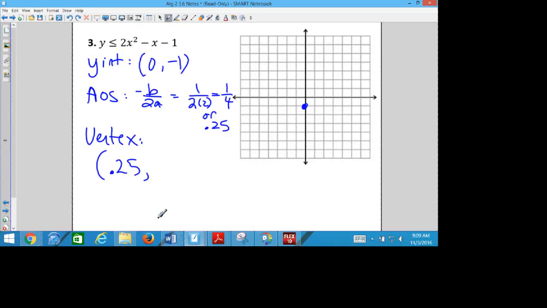You can type in 2 parentheses, 0.25, close parentheses squared, minus parentheses, 0.25, close parentheses, minus 1. You can just type that straight into your calculator. It does the order of operations for you.